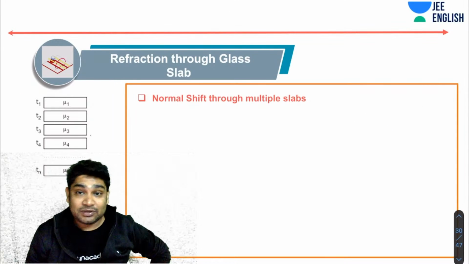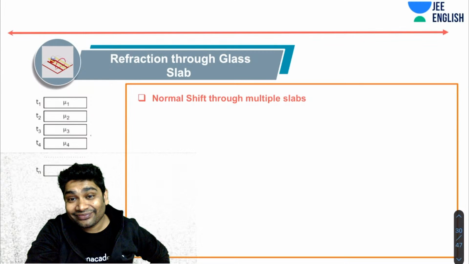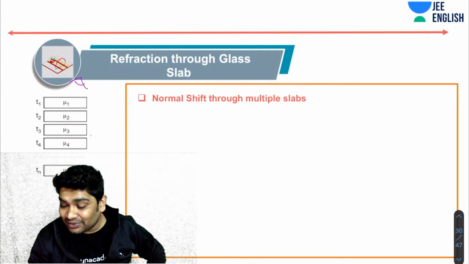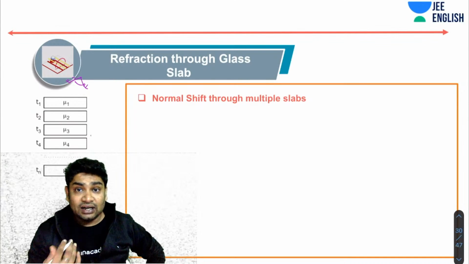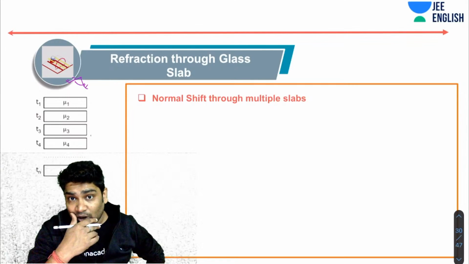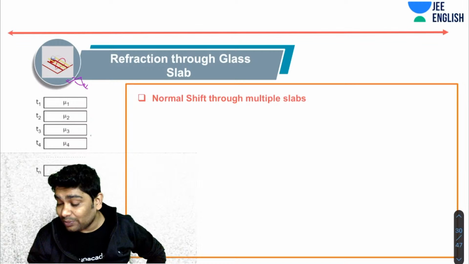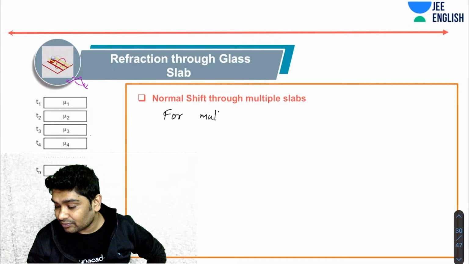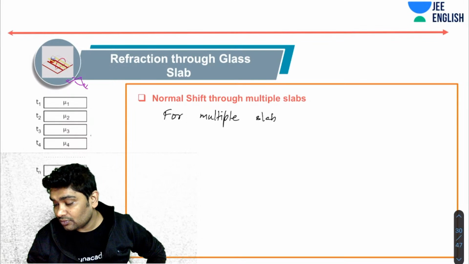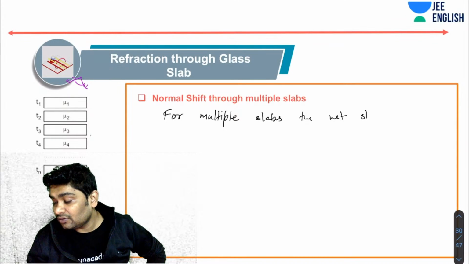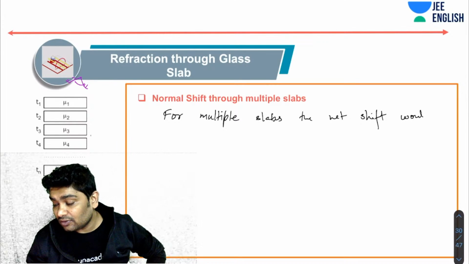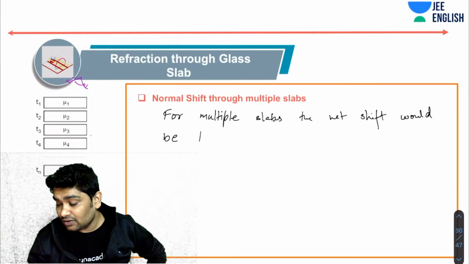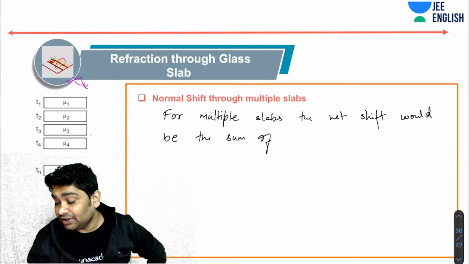Now, suppose you have multiple slabs. If you have multiple slabs and imagine you are looking at something from here, every slab will produce a shift, and the net shift would be the sum of all these shifts. So for multiple slabs, the net shift would be the sum of all the shifts.